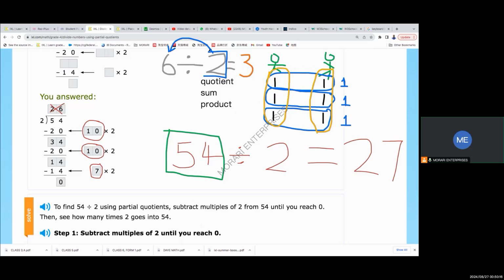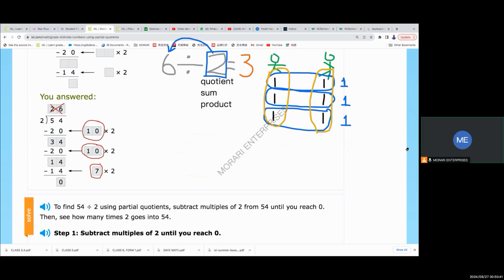Look at this here is 2, and we ask ourselves, how many 2's are in 6? How many 2's are in 6? 3. So, and this second way of thinking or looking at division is the most important because it's going to lead us to a very good conclusion called fact families.